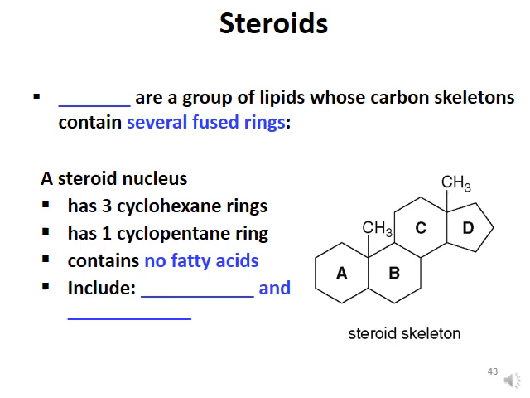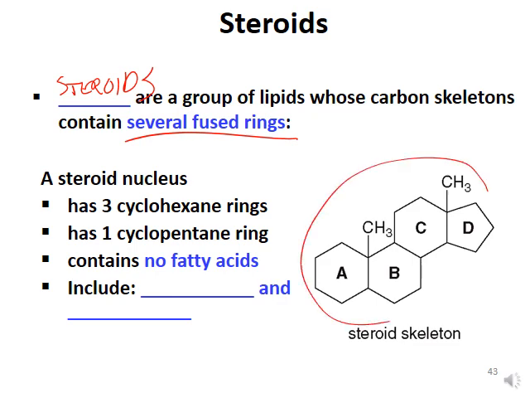Okay, one final topic in general on lipids. We talked about fatty acids. Now let's talk about steroids. Steroids are a group of lipids that have several fused rings. Every steroid skeleton looks just like this.